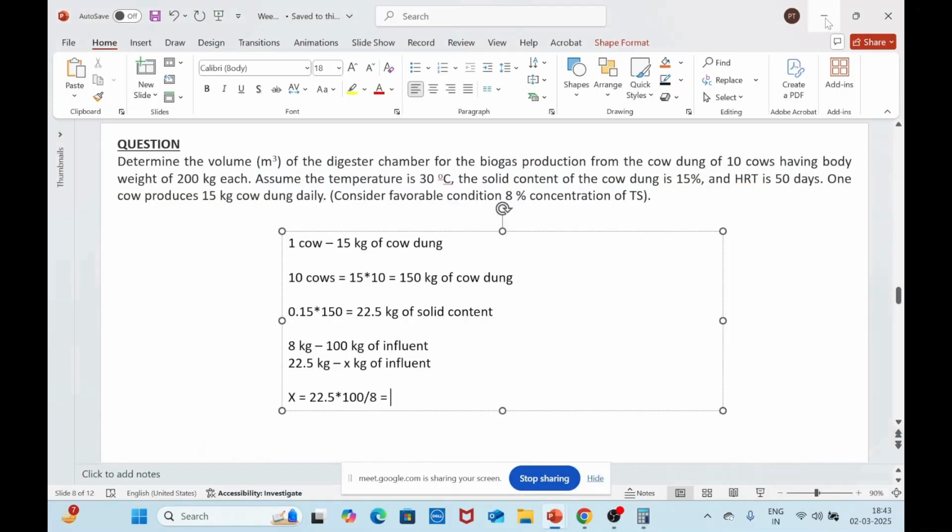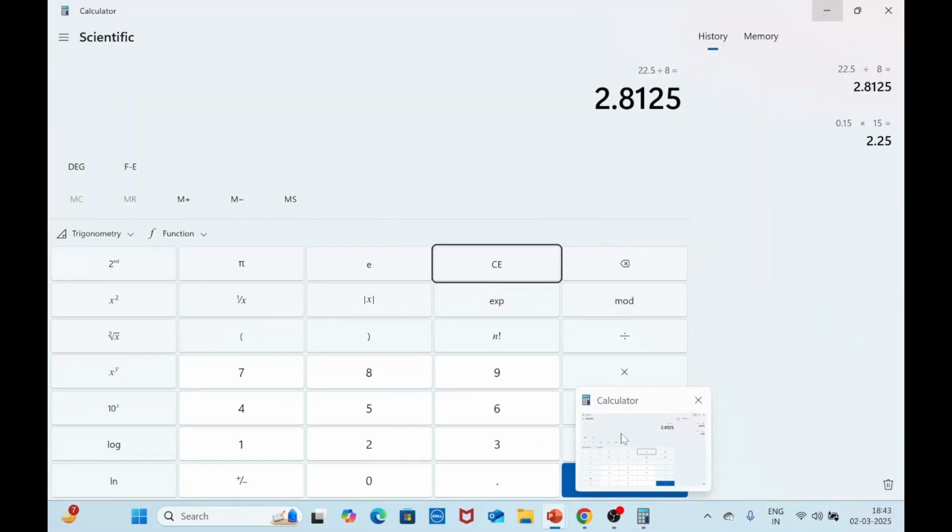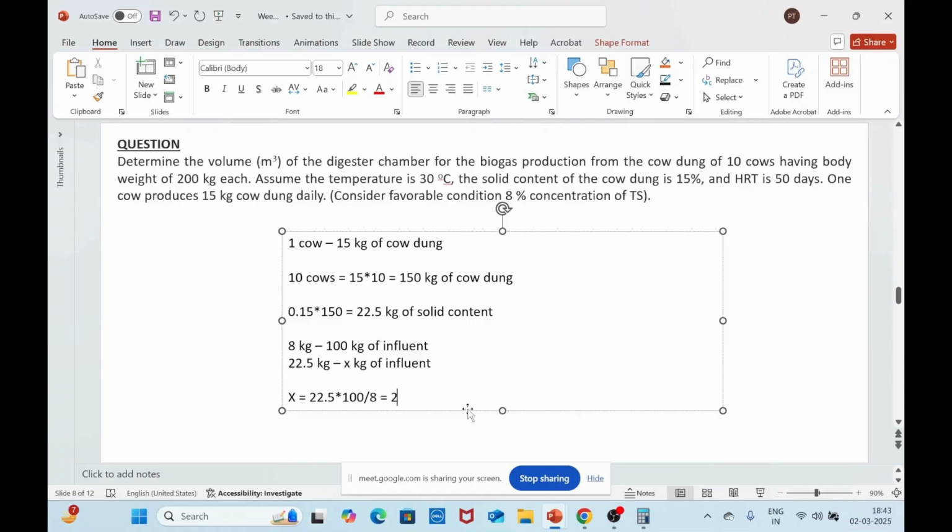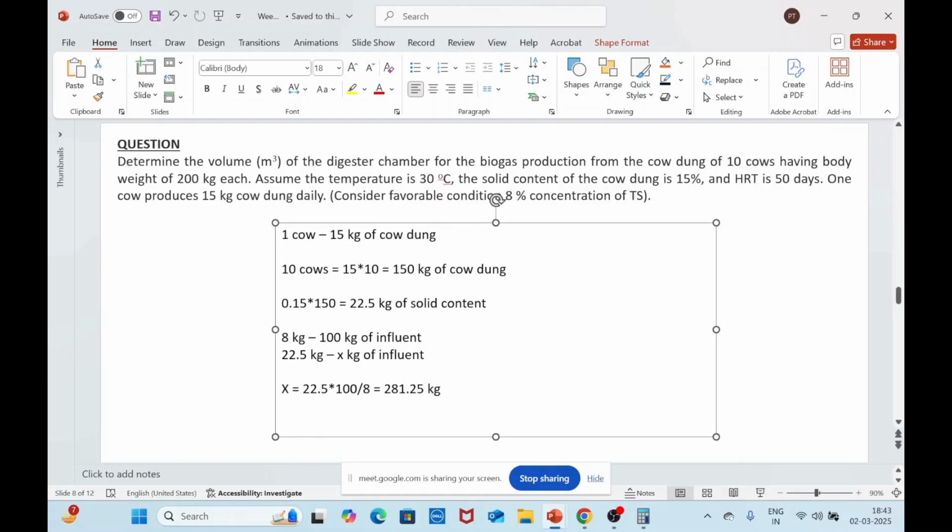Oh sorry, times 100, right? So 281.25 kg. So this is for one particular day. The entire digester working volume is for, because the HRT, that is the residence time, is actually 50 days, right?